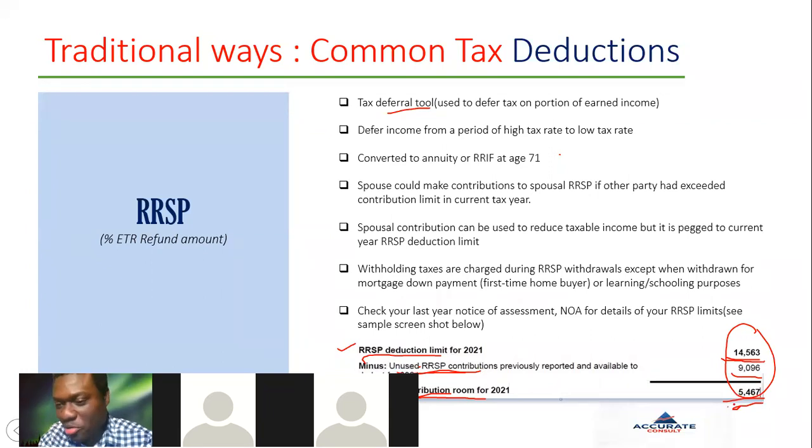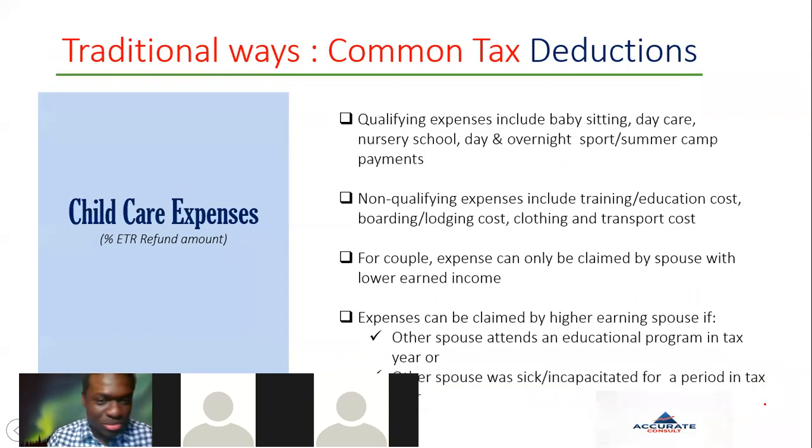Although the client can contribute more than this, there will be penalties if you go beyond your contribution room. I believe this is clear. So you should be able to separate your deduction limit from your contribution limit.